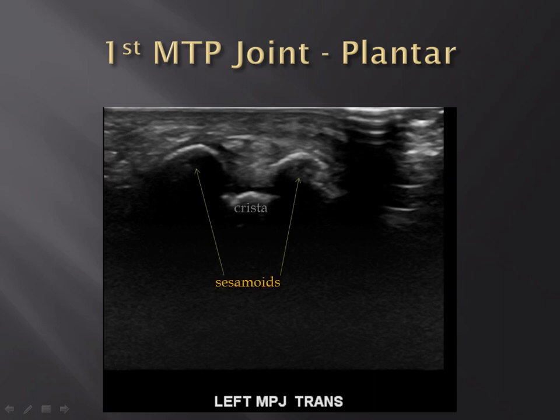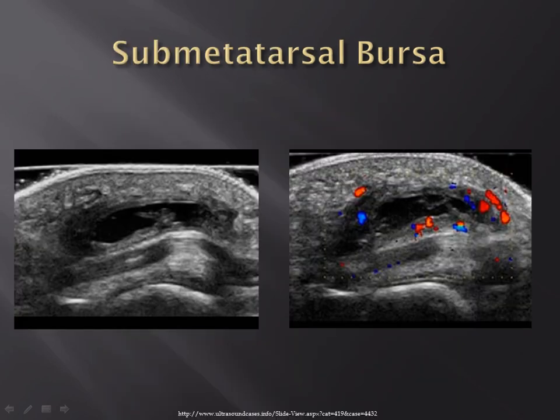Here's our sesamoids, our central crista, with the sesamoids positioned about the crista, our intersesamoid ligament between the two, and more superficially, our flexor hallucis longus. I think the plantar plate is a little bit difficult to evaluate in this projection, but others with more experience may think otherwise, and may be able to give some tips as far as how to see it transversely at the level of the sesamoids.